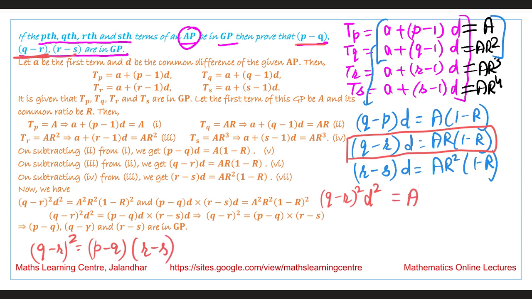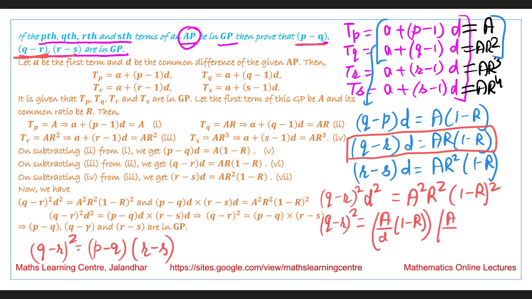We are getting A^2 R^2 (1 - R)^2, so (Q - R)^2 is equal to one term, A/D times (1 - R), and the second term, A/D times R(1 - R).